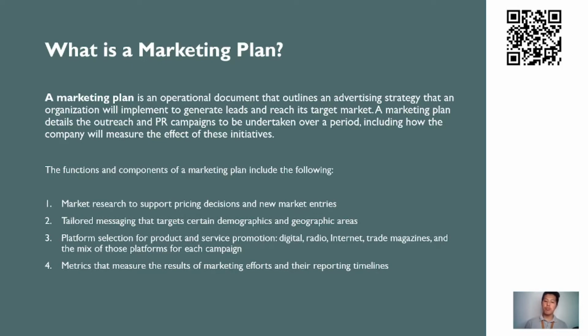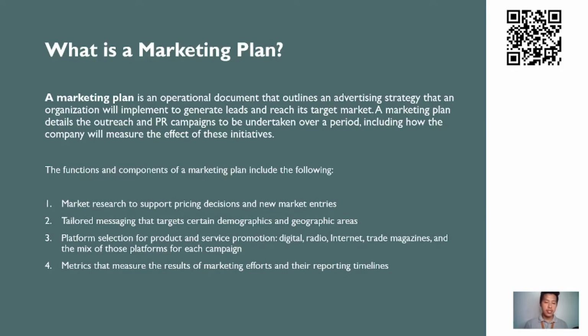The functions and components of a marketing plan include the following. Number one, of course, we begin with market research to support pricing decisions and new market entries. Then we have what I call tailored messaging that targets certain demographic and geographic areas.